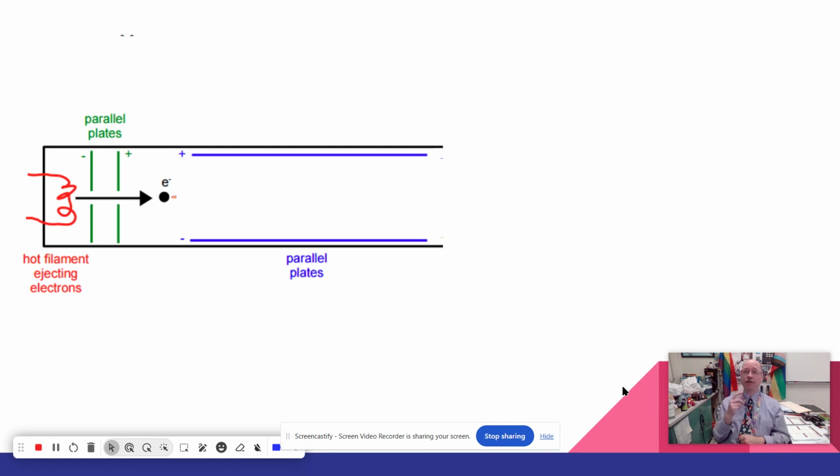Now, this is going to be very much like the classic projectile motion kind of stuff that we did a few chapters back. As the electrons enter into there, in this particular diagram, they're going to want to curve upwards because they want to get closer to the positive plate and away from the negative plate. So that's just how the electric field is affecting them.